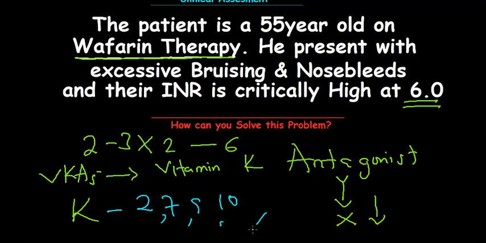First is the coagulation cascade, which involves both the extrinsic pathway and the intrinsic pathway. And second is the anticoagulation drugs.